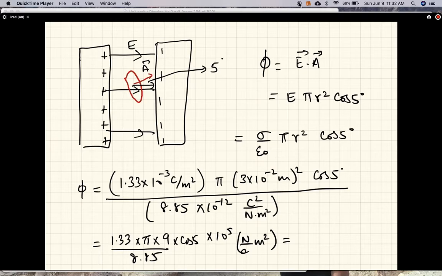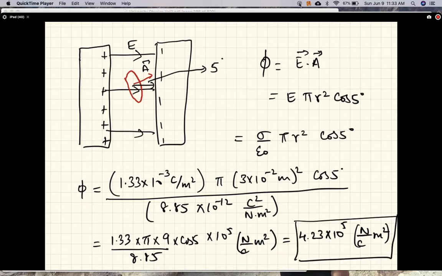All right, so let's see what this works out to. Okay, so this works out to 4.23 into 10 to the power 5 Newton per coulomb meter square. Okay, that ends that problem.